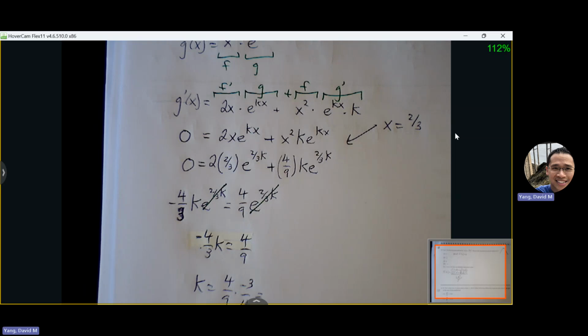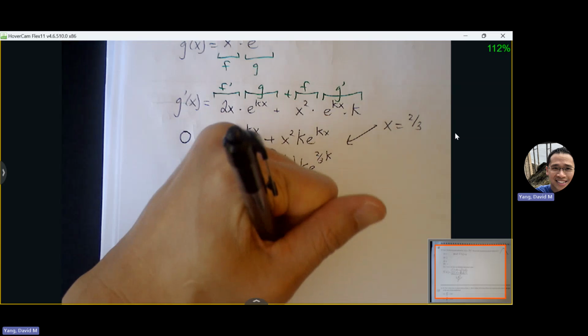Two x e to the kx equals k squared e to the kx. Getting k equals -1/3. Is that what you're getting to?